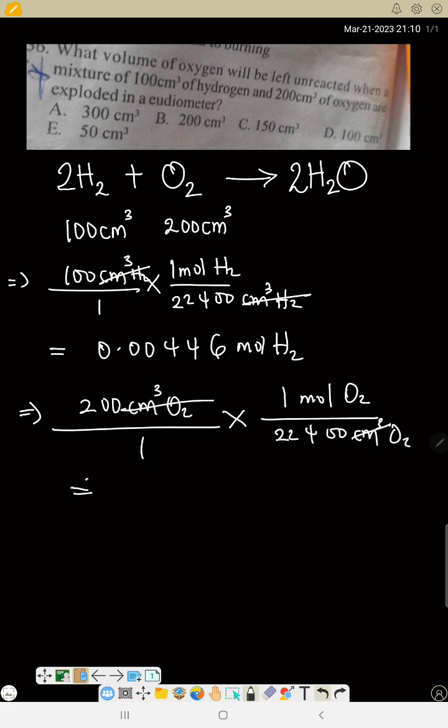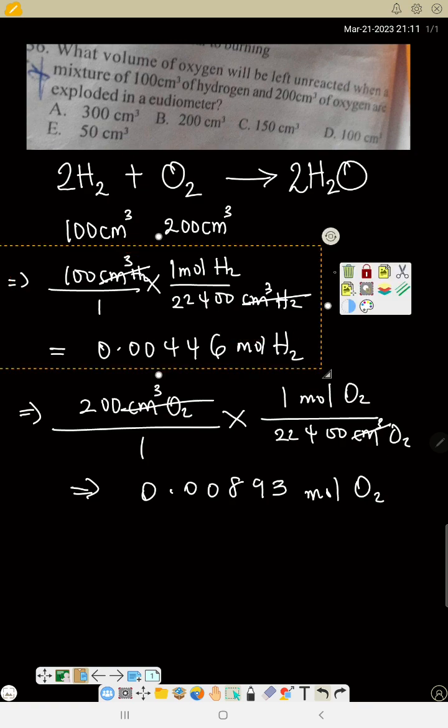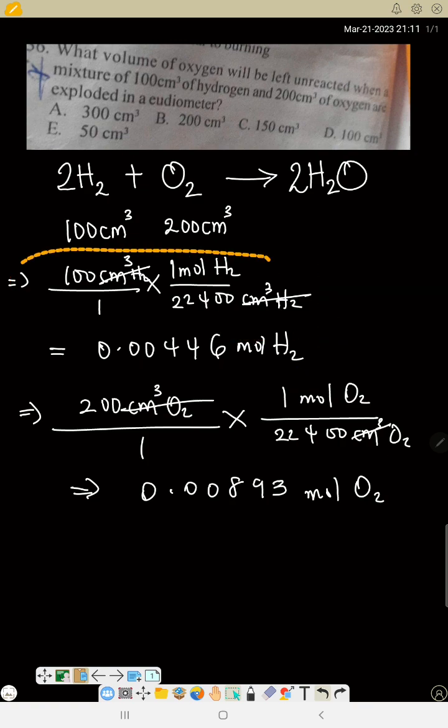So that means this will give us 200 divided by 22400. So that is 0.00893 moles of oxygen gas.